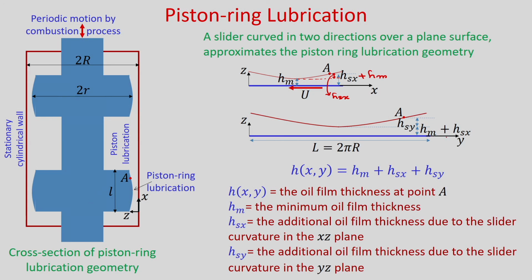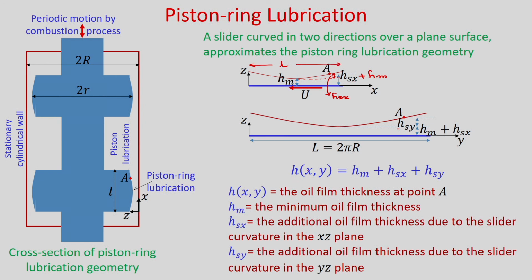At this point we have the value hm plus hsx, and there will be a variation of this height along y, which is hsy. So the total thickness is hm plus hsx plus hsy, and since we have unrolled it, the ring length L is equal to 2 pi r.